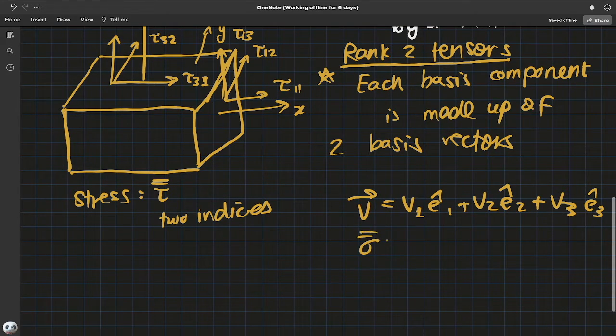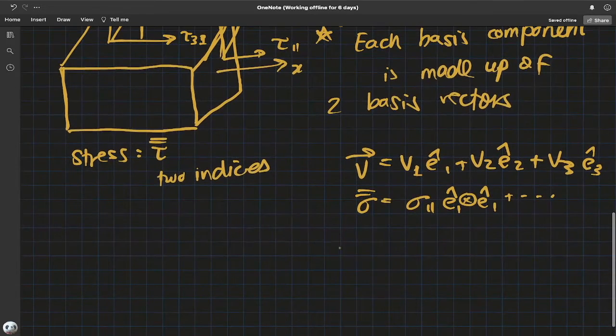So it's kind of like sigma 1 1, and since it has two indices, it should also have two basis vectors, e1 e1. When I don't write anything in between them, we have a tensor product like this. I'm going to come to this, and we have all the permutations of 1, 2 and 3.